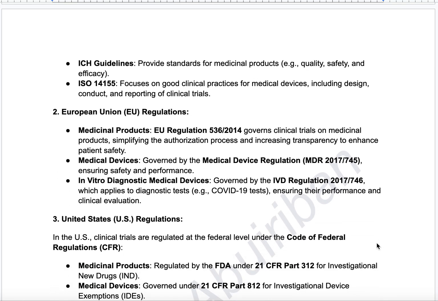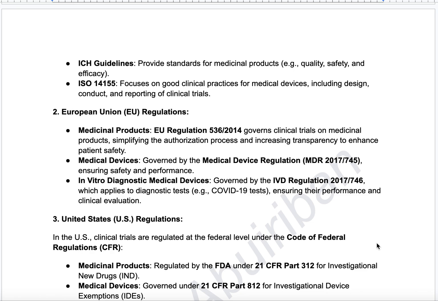European Union regulation, medicinal products: European regulation covering clinical trials on medicinal products, simplifying the authorization process and increasing transparency to enhance patient safety. Medical devices are governed by the Medical Device Regulation, MDR 2017/745, ensuring safety and performance.